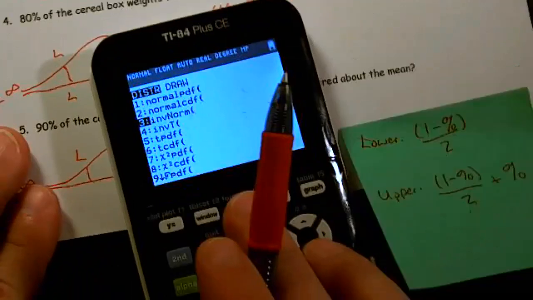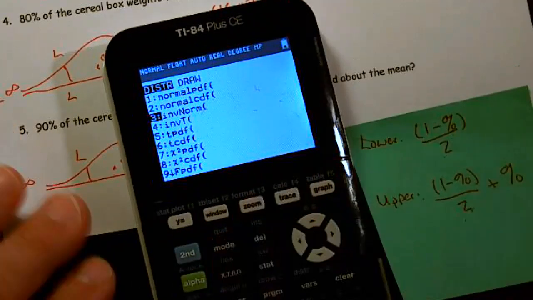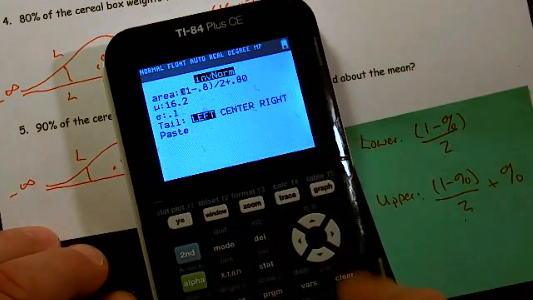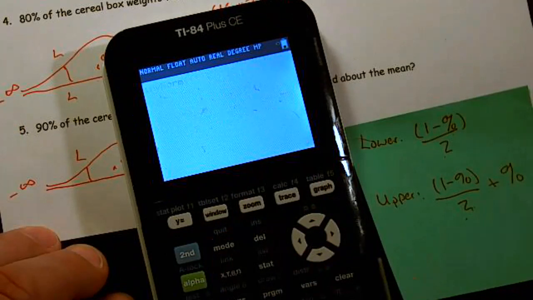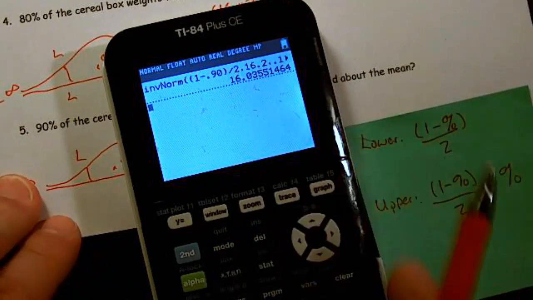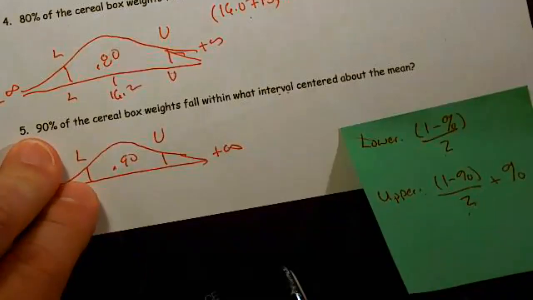Why? Because they gave us a percent. If they give you a percent, you have to use inverse norm. Clear that. Parenthesis 1 minus 0.90, close parenthesis, divided by 2. And I have 16.0355.